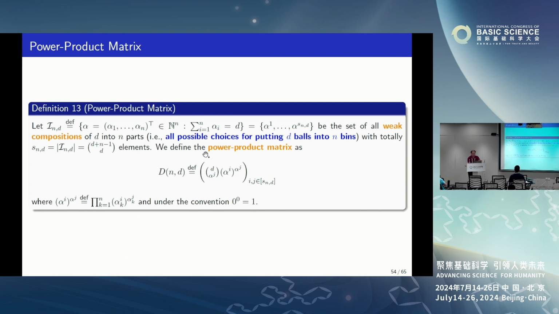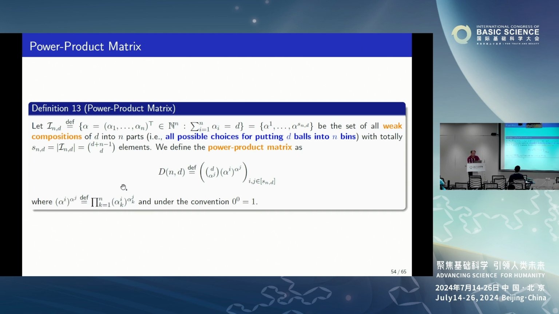Based on the index, we can define the matrix D_{N,D} as x_i power alpha_i, times x_j power alpha_j. So x_i power alpha_i is the multiplication of x_k power alpha_k. This is a scalar, this is a power of a vector.